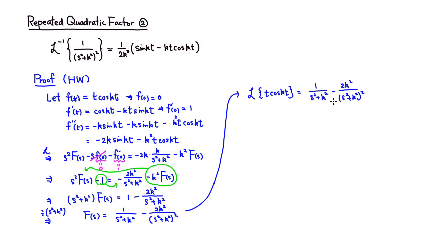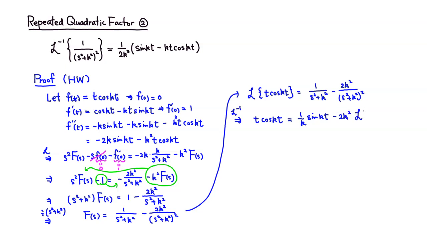And if you take the inverse Laplace transform, you will see that t cosine of kt is equal to, this is going to be 1 over k sine of kt. And then this is going to be, I'm going to just write it this way, negative 2k squared, pull that out.